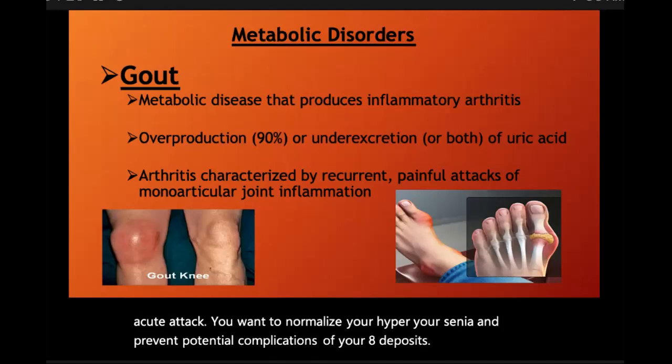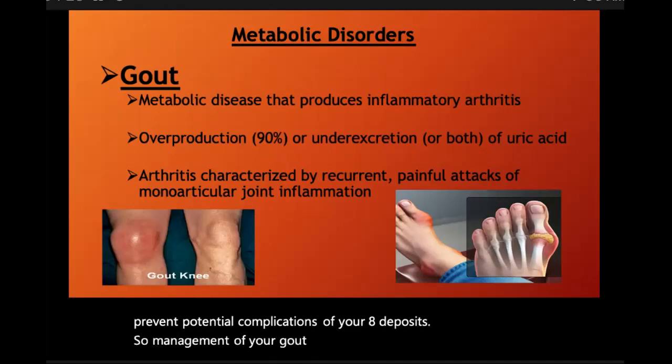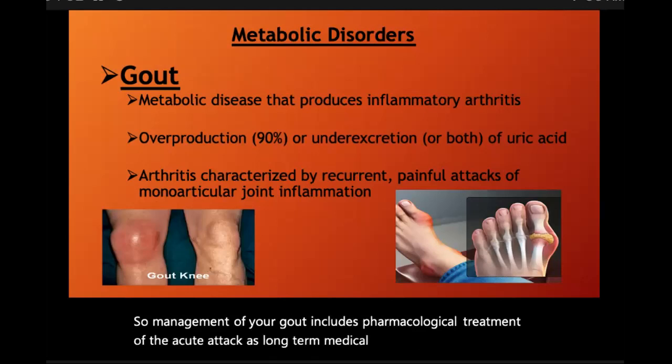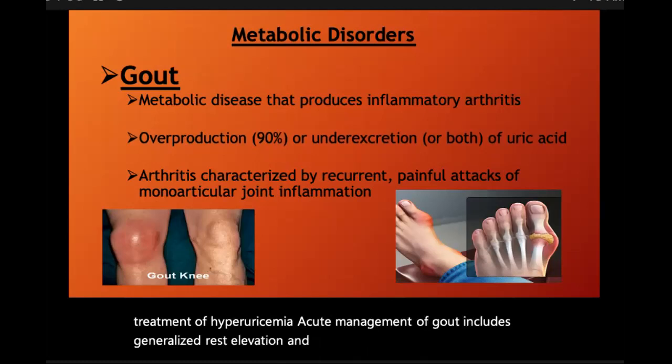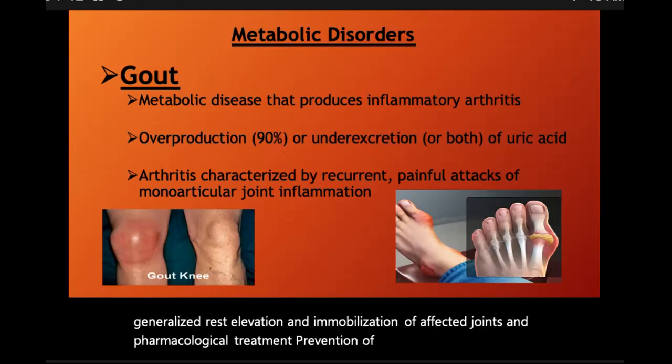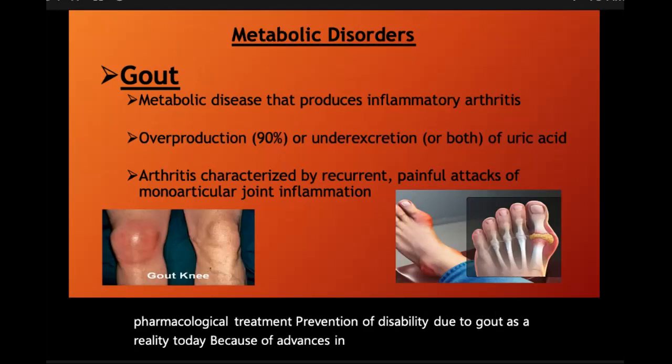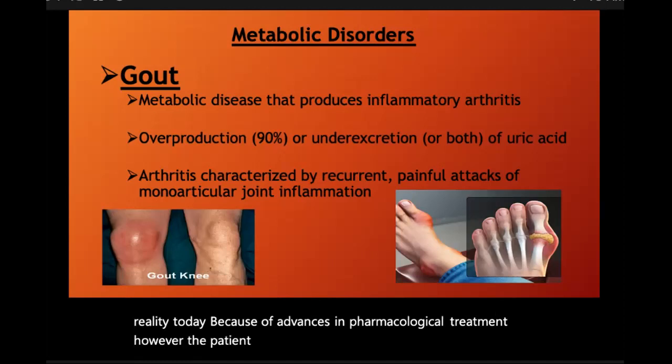So management of your gout includes pharmacological treatment of the acute attack, as well as long-term medical and pharmacological treatment of hyperuricemia. Acute management of gout includes generalized rest, elevation and immobilization of affected joints, and pharmacological treatment. Prevention of disability due to gout is a reality today because of advances in pharmacological treatment. However, the patient has to become an active participant in the long-term treatment.